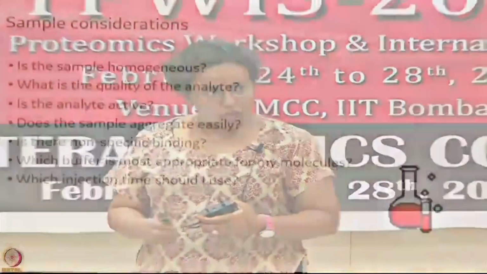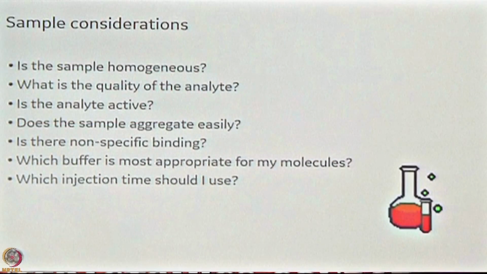The concentration needs to be determined very accurately. Wrong concentrations will end up giving you different values. You need to make sure your analytes are active and free of aggregates. If it is aggregated, then you get higher response than usual, which is not right.